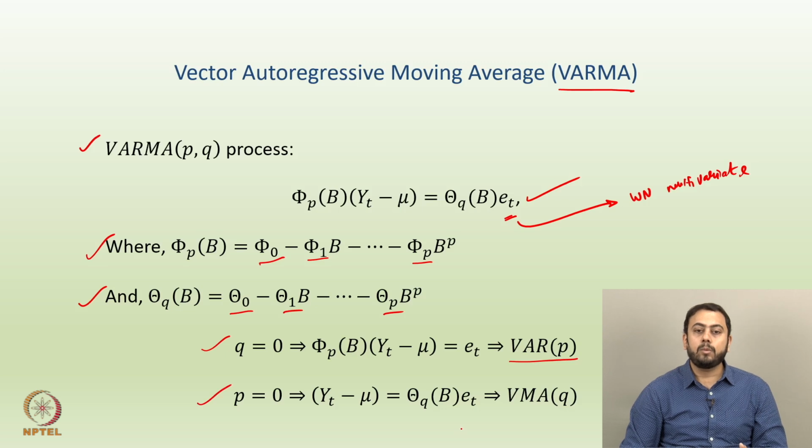Then Y_t − μ equals θ_q(B) applied on ε_t, and this process is nothing but VMA of order q. So when we put forward the equation for the general VARMA(p,q) process, depending on whether p or q is 0, we can reduce the model to either VAR(p) or VMA(q).